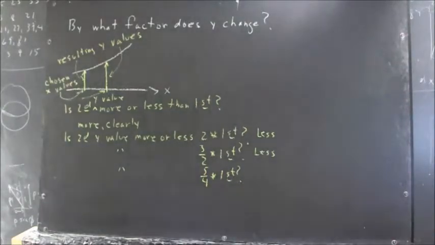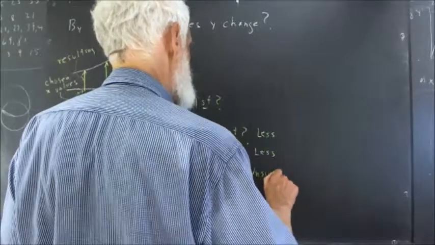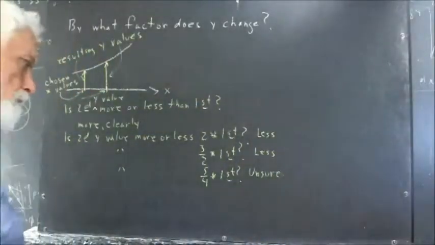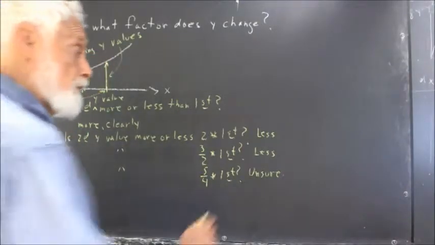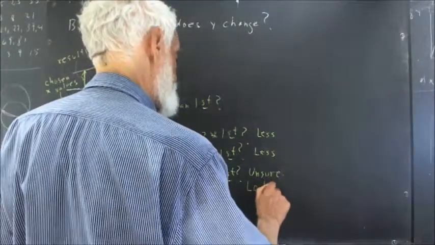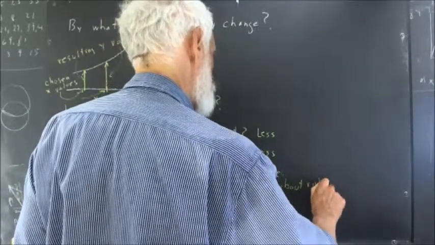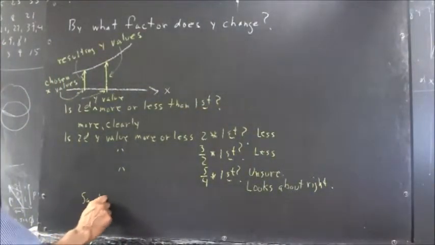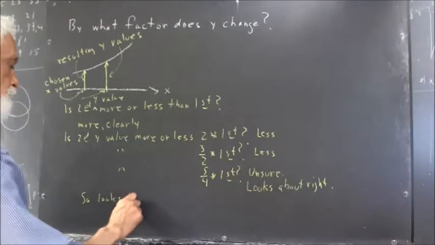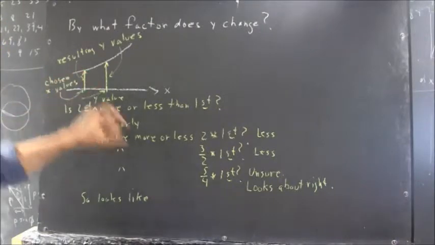Well, I don't know, I'm unsure. It looks like that's about right. Okay, this looks about right. So it looks like the second y value is about 5/4 of the first.